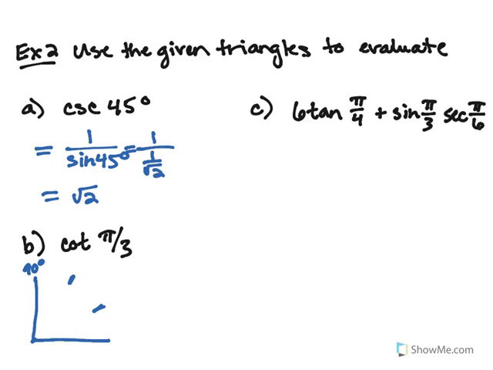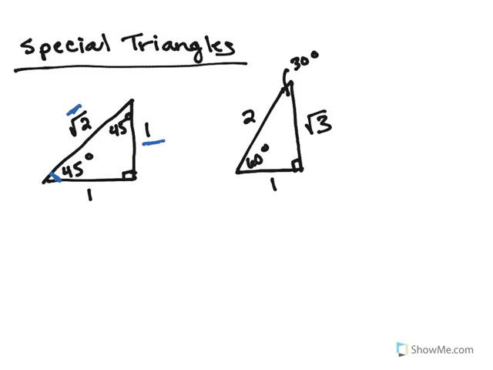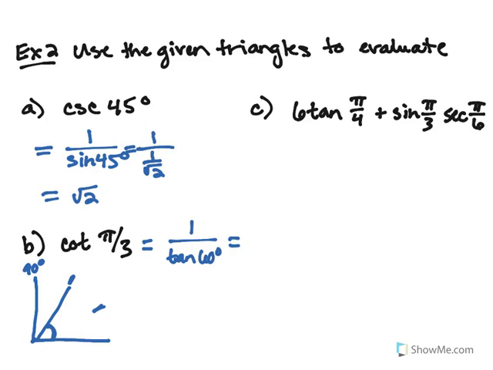60 is the bigger angle, right? It's this one. Okay, so we're finding 1 over tangent of 60 degrees. So I go back to my triangle, and tangent, so 60 degrees is going to be our angle, is opposite over adjacent, so square root of 3 over 1, which is just square root of 3, so we get 1 over square root of 3.